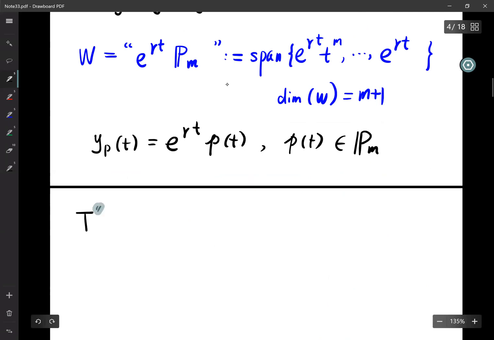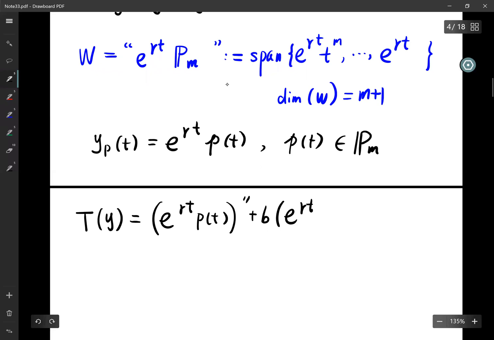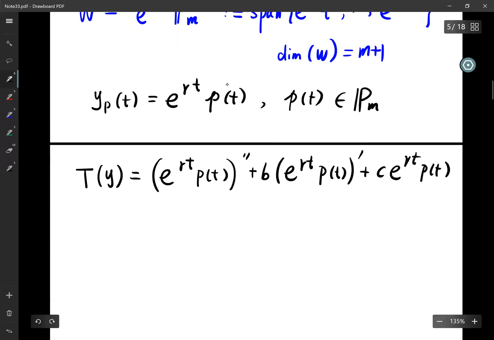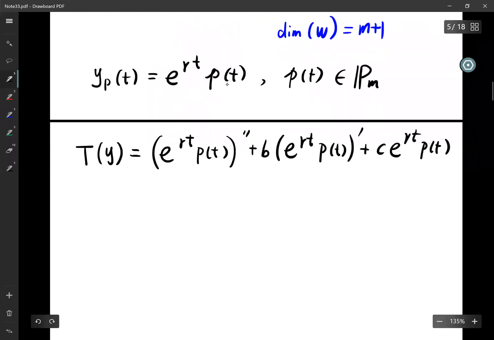computation. So the mapping is, y = e^{rt}p(t), so we have (e^{rt}p(t))'' + b(e^{rt}p(t))' + c e^{rt}p(t). I want it to equal the right-hand side, e^{rt} times t^L. So I just match the left and right-hand side and see whether this would work.